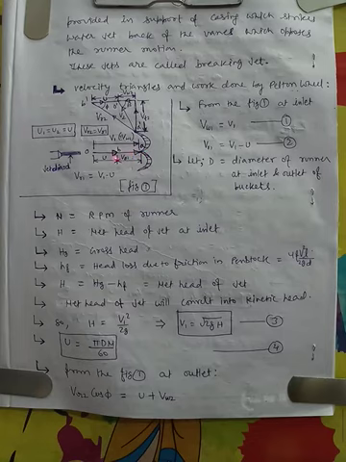As is clear from the figure, Vw1, the component of jet velocity along the vane velocity, is itself V1, because V1 is already along the velocity u at inlet. So Vw1 is V1, and Vr1 is BA, the relative velocity of the jet with respect to the vane.